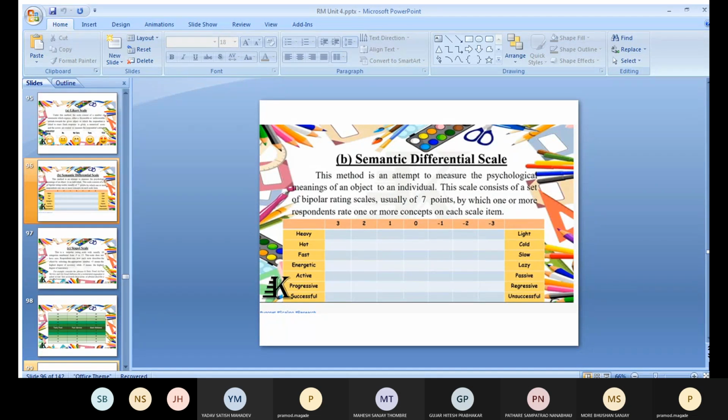This method helps to measure the psychological meaning of an object to an individual. So no comparison, to an individual.